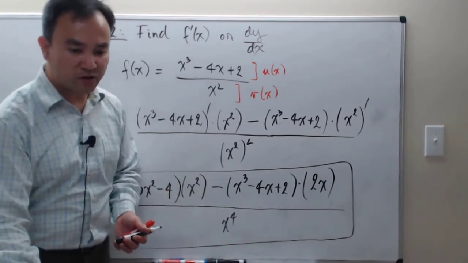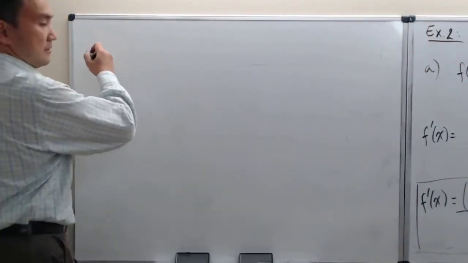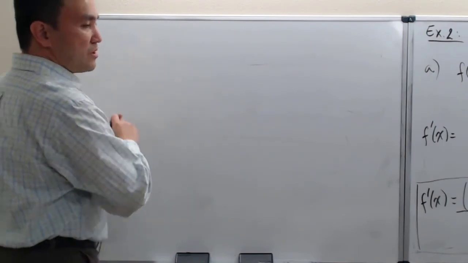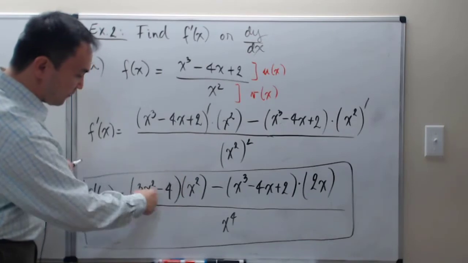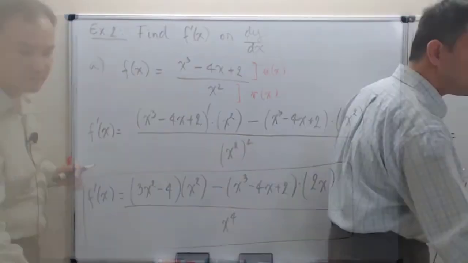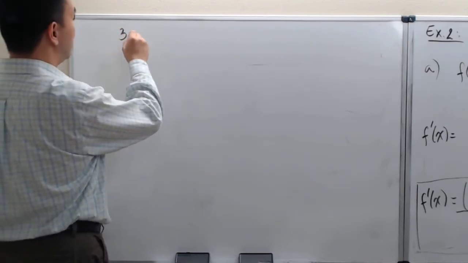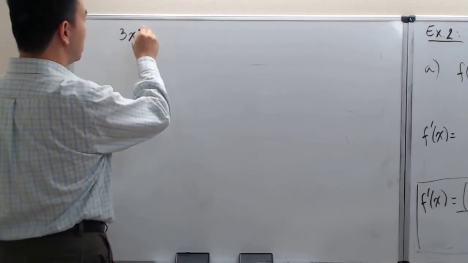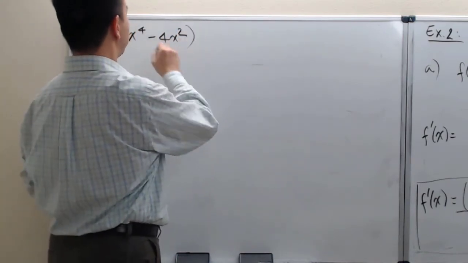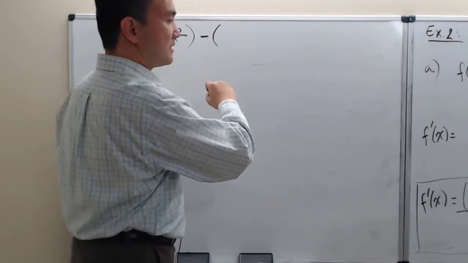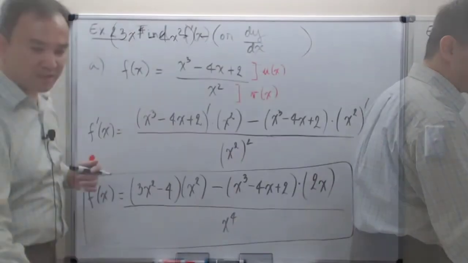Now back to my other empty board. I can distribute the x squared for each term here to obtain 3x to the 4th minus 4x squared. And then I am going to subtract. Once more, let's look back at the other board.